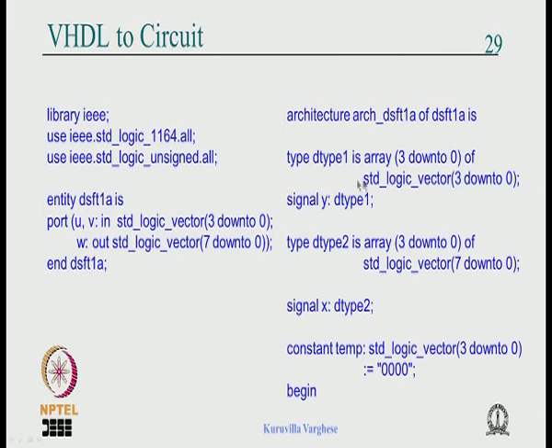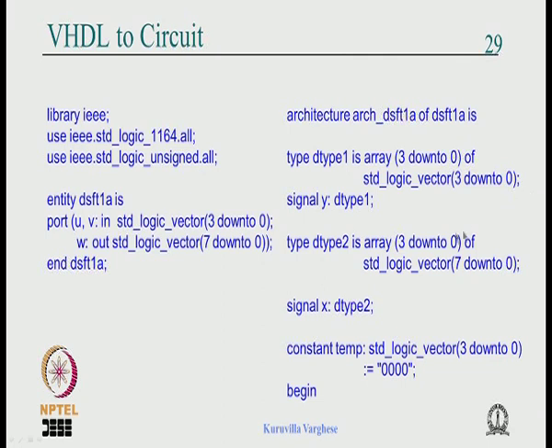Now there is something funny that happens here. There is a type D_type1, which is an array 3 down to 0 of std_logic_vector 3 down to 0, okay. Now we are declaring D_type1 as something which is 4 values, each of which is 4 bit.